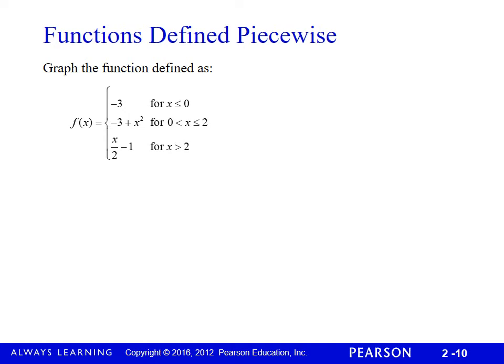On the graph between x equals 0 and x equals 2, we're going to use this middle formula, negative 3 plus x squared. And then for values just greater than 2, we're going to use this last formula.